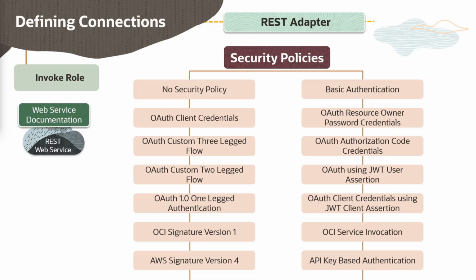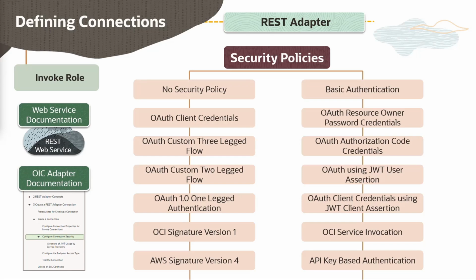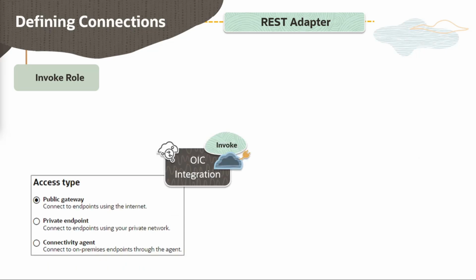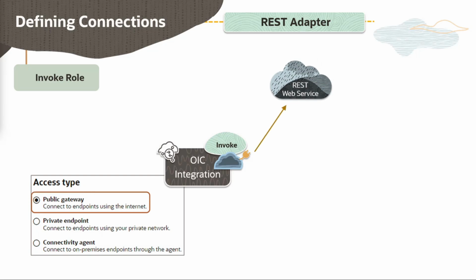To summarize, selecting the appropriate security policy and defining security properties will require you to consult both the documentation for that external web service as well as reviewing the OIC REST adapter documentation. Finally, you'll need to indicate how the OIC adapter will be accessing the web service. In most cases, the web service will be publicly available on the internet, so you'll use the default public gateway.